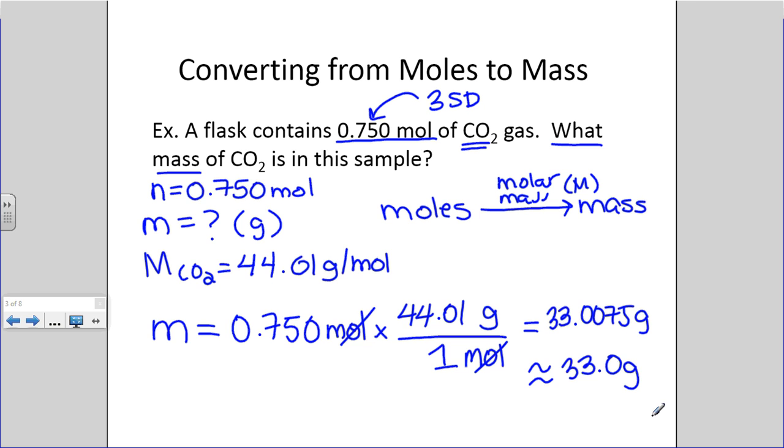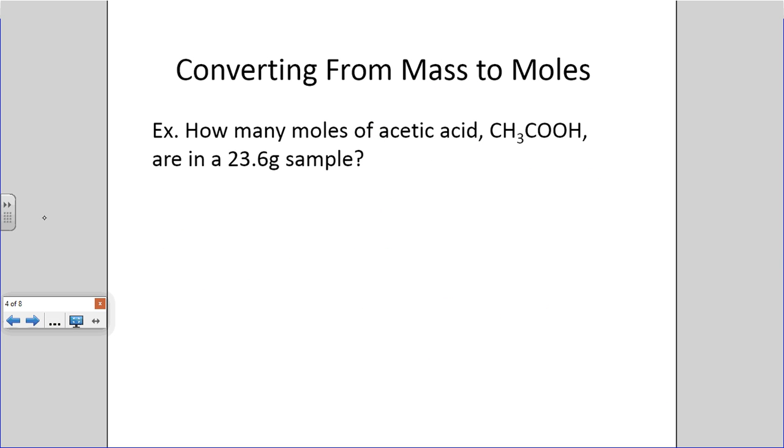Now we're going to try out another problem going the other way around. So I'm going to help you get it set up, but I want you to try this one out a little bit more on your own. So this question is saying how many moles of acetic acid are in a 23.6 gram sample. So this time, our unknown, how many moles, is what we're trying to find.